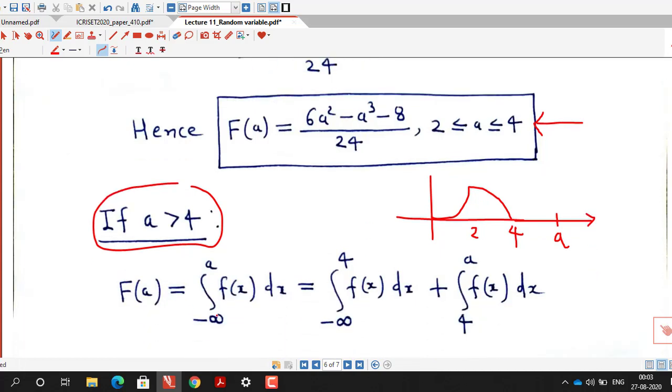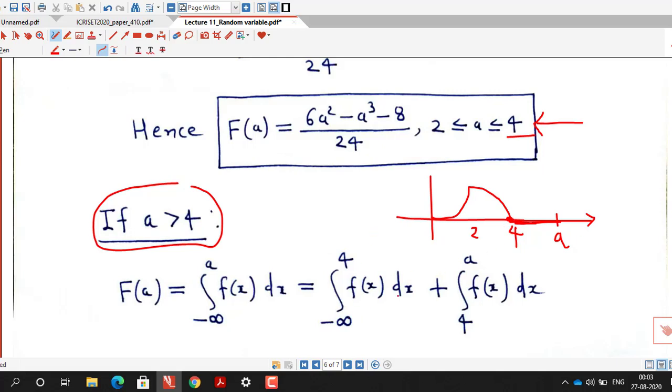So F of a is integral from minus infinity to a of f(x) dx, and now I know the area up to this, because at a equal to 4 I can find out F of 4. So the area up to a is nothing but area up to 4 plus the area from 4 to a.